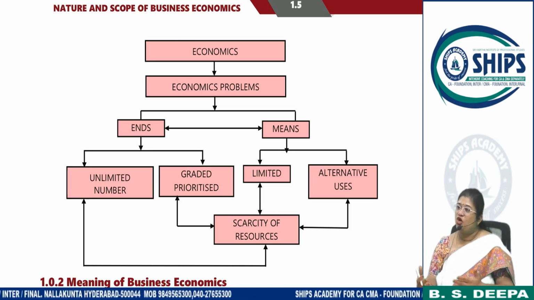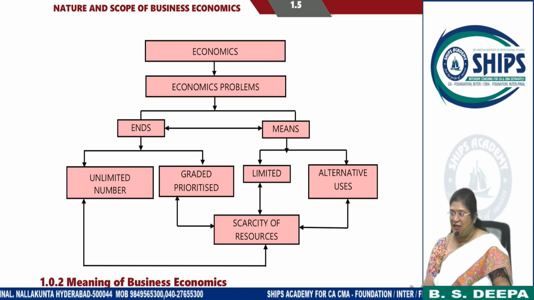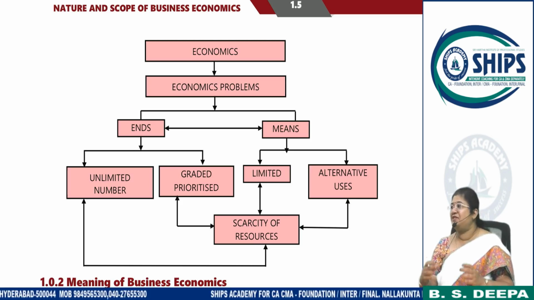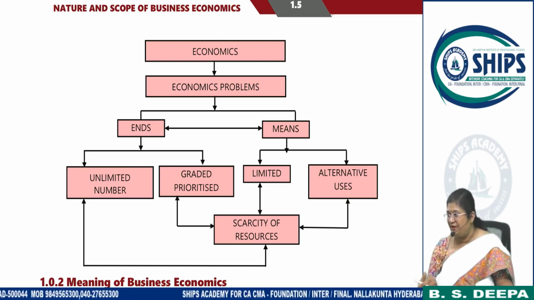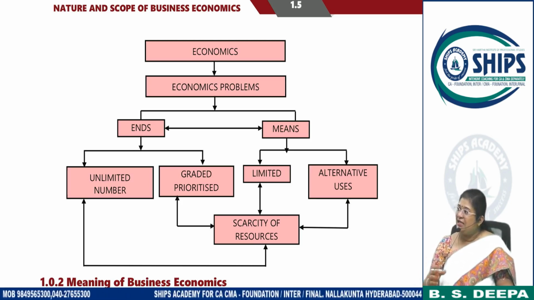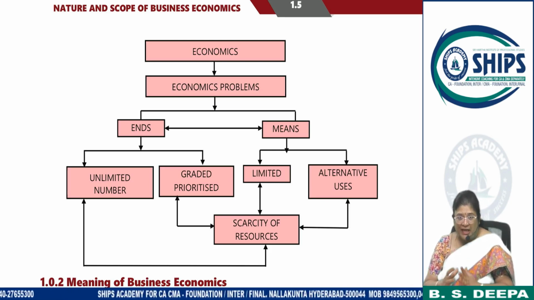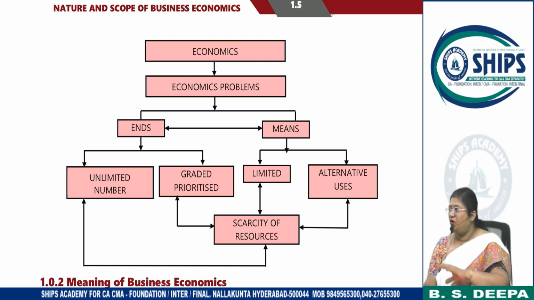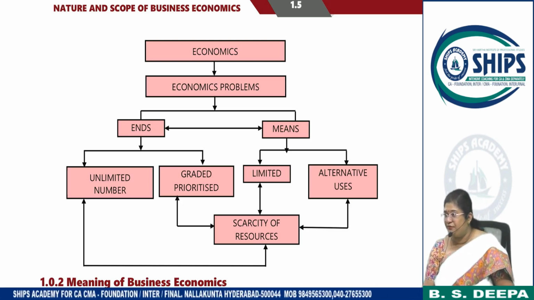But our wants are unlimited, right? In the same manner, for example, let us say we have some amount of pocket money given to us by our parents, right? And in that, whatever expenses we wish to have in a particular month, we have to see to it that in our allowance itself, all of those things are taken care of, right?